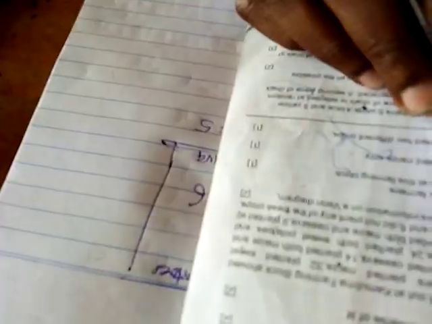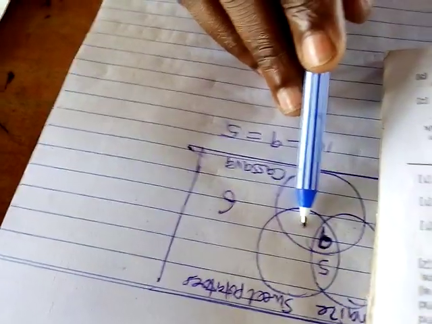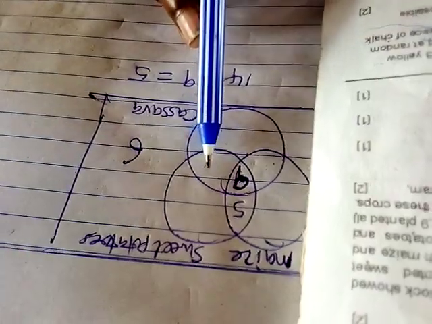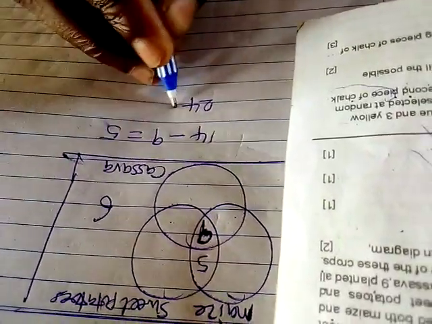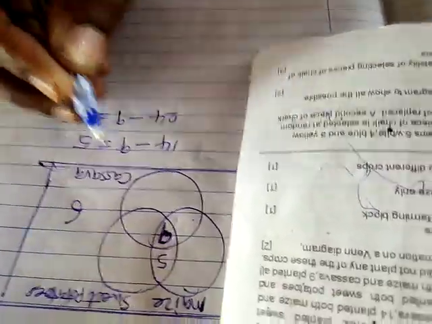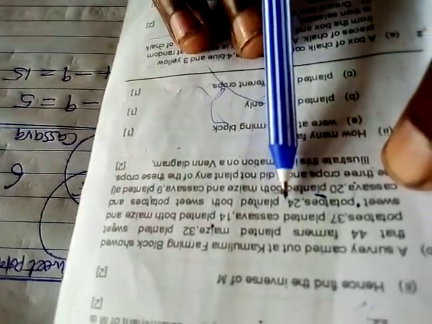Then 24 planted both sweet potatoes and cassava, so it's here. Are we going to write 24? No, we need to subtract 9 from 24. You take away 9 and you remain with 15. We are not writing the numbers directly.